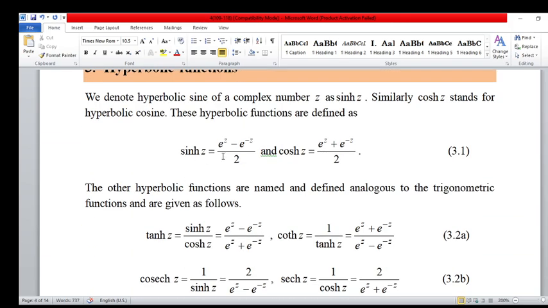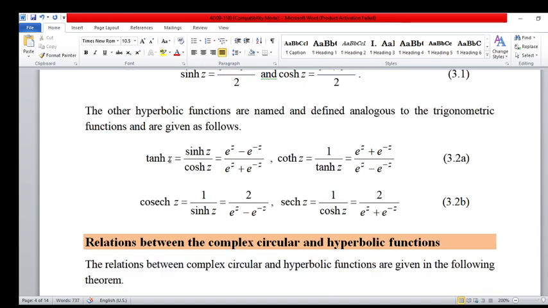sinh z means (e^z − e^(−z))/2; i is removed. cosh z is equal to (e^z + e^(−z))/2. For sinh there is a minus symbol and for cosh a plus symbol. Again tanh means sinh upon cosh, the 2s cancel, so tanh z is (e^z − e^(−z))/(e^z + e^(−z)).